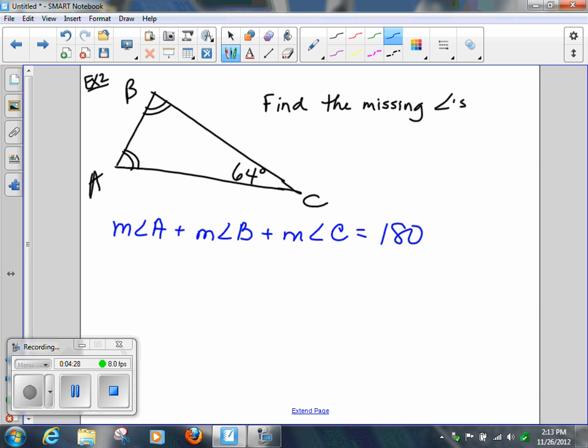Okay? Atta girl. What am I going to do? Well, hold on there, Hoss. What are we going to do? 180 minus 64. You told me, what do you know from that picture? That A and B are congruent. So, Lauren, what do you want to call angle A?